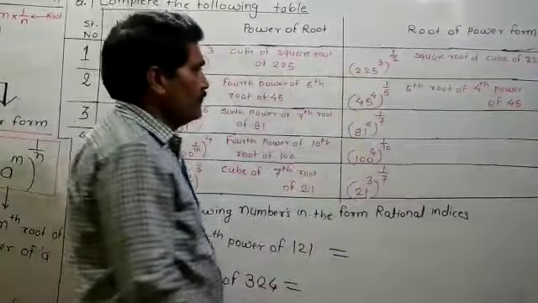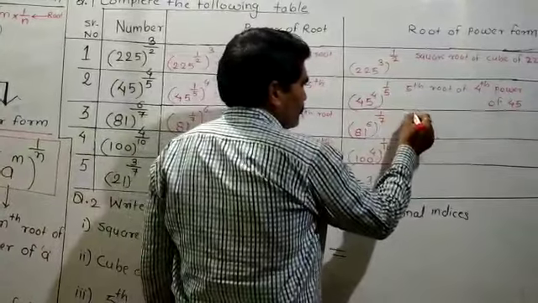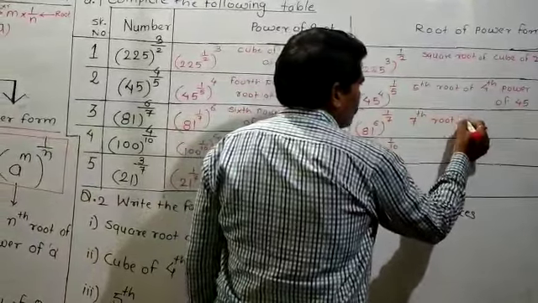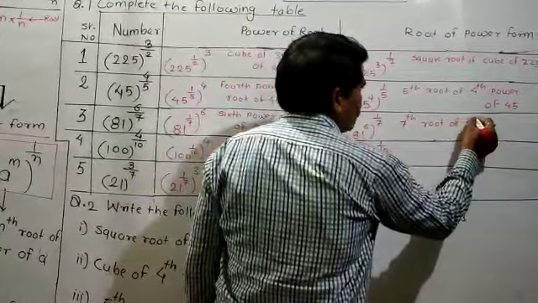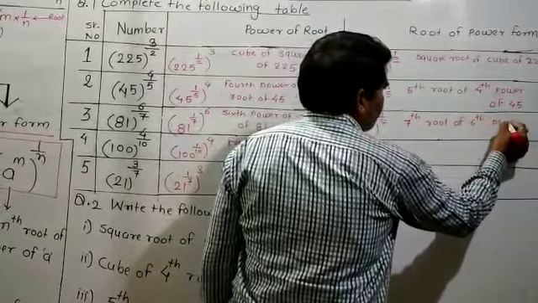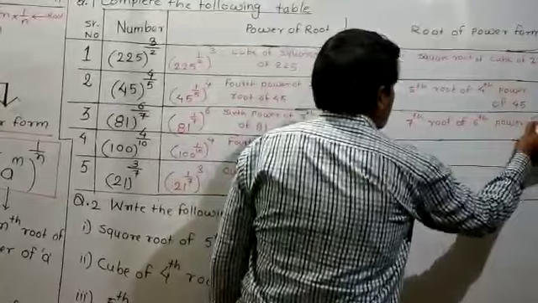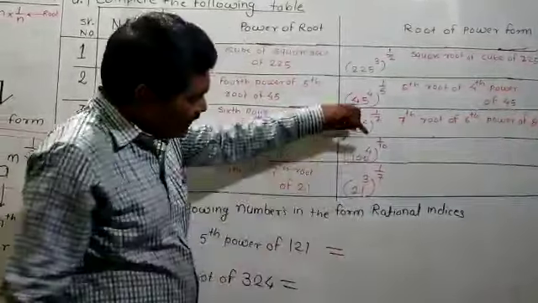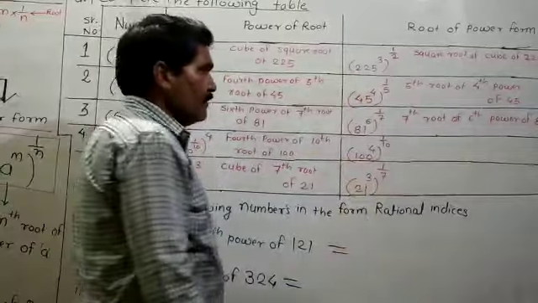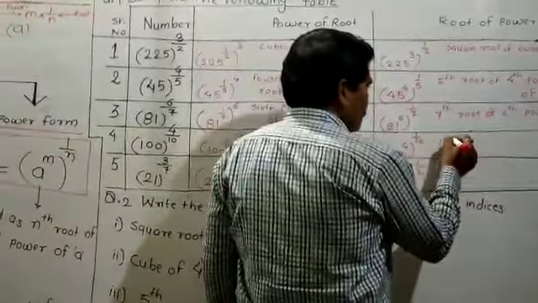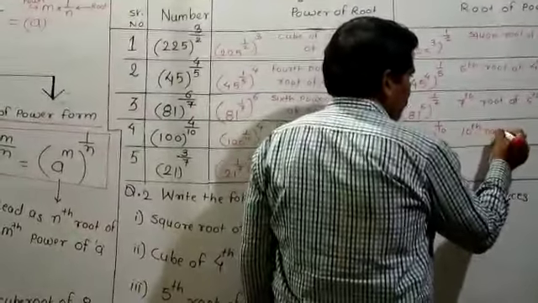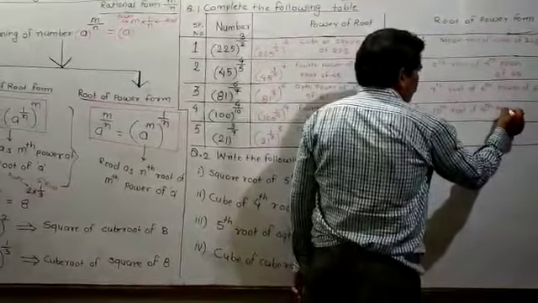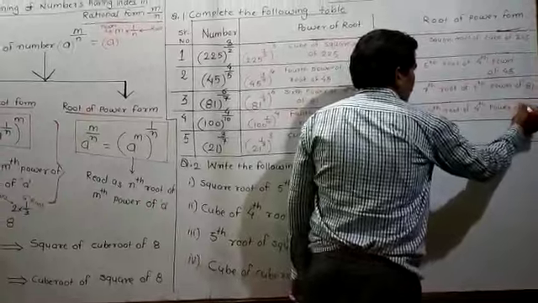How do you have to read this? Seventh root of 6th power of 81. You have to read this. First of all, you have to read the root. 10th root of 4th power of 100.